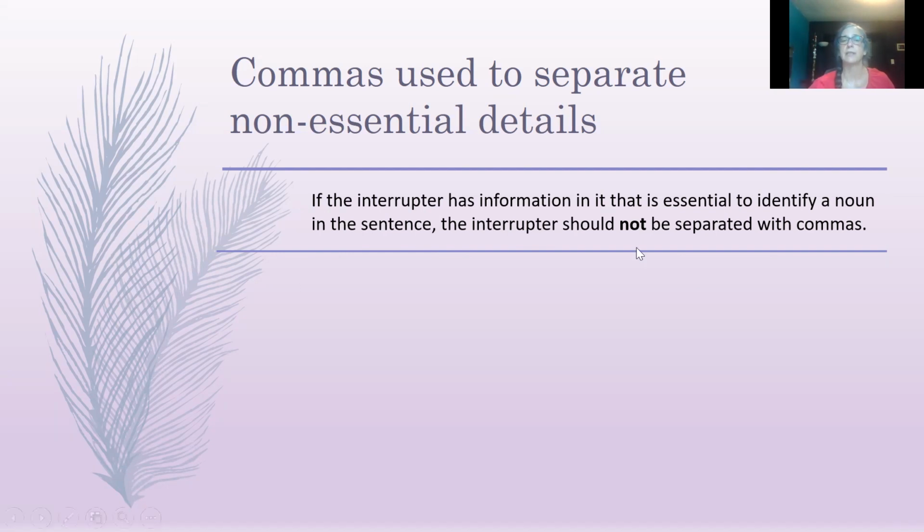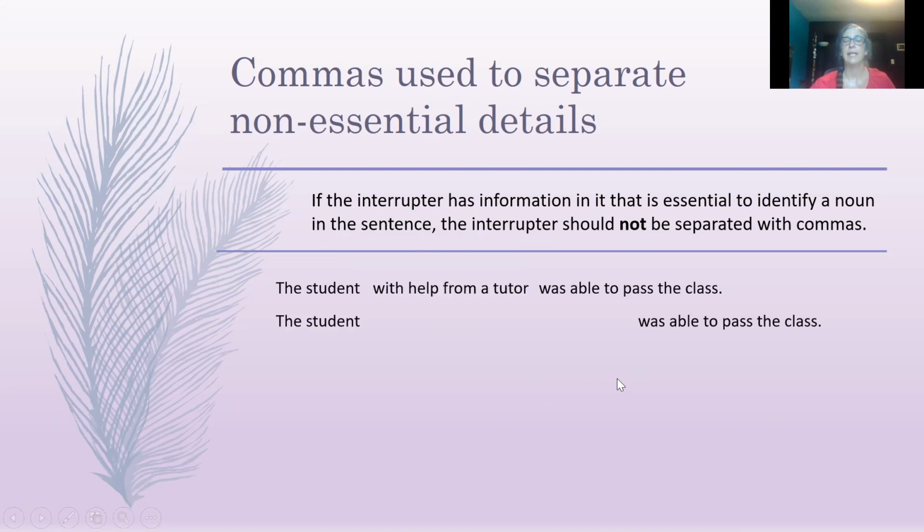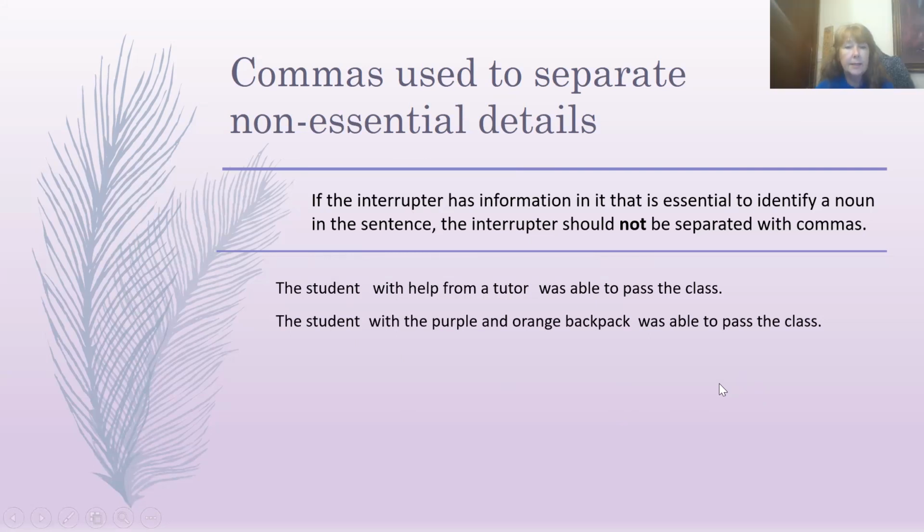And now we're going to look at some examples. The student was able to pass the class. I'm going to put interrupters in here, and I want you to help me, Joey, decide if the information in these prepositional phrases identifies the student. The student with help from a tutor was able to pass the class. The student with the purple and orange backpack was able to pass the class. So the second one describes the student.